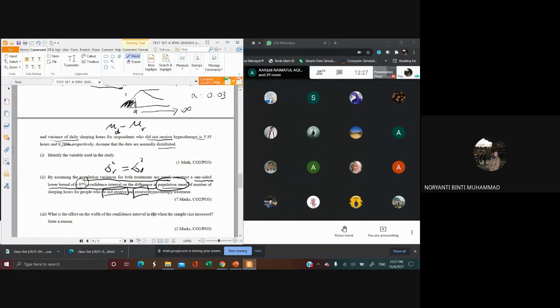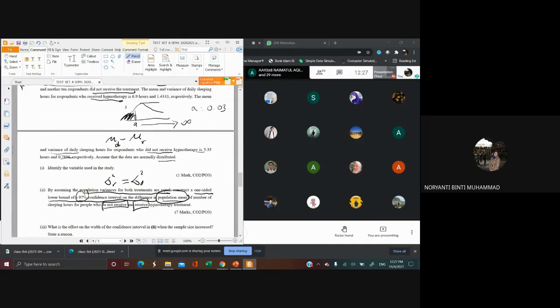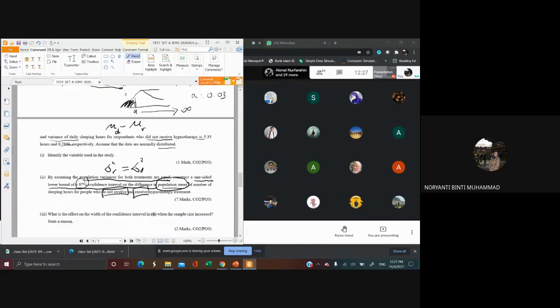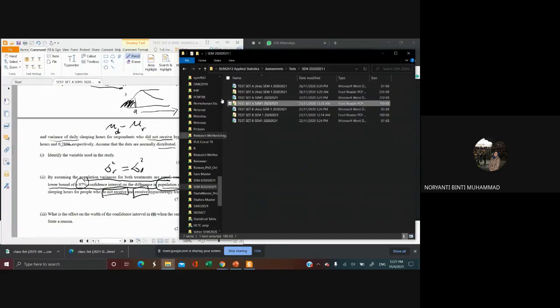Okay, how to know whether the population variance is known or not? Based on this, it is unknown, because given 20, you only have x bar and s square. You didn't know sigma square. So now the formula, look at your statistical table formula. Okay, I'll show you the statistical table formula.